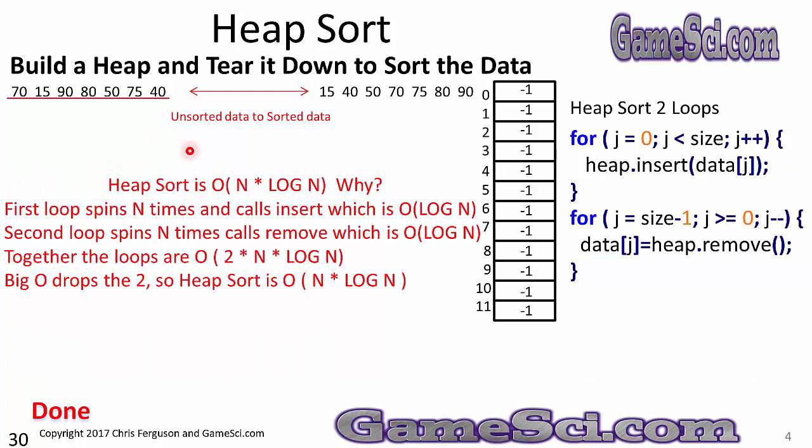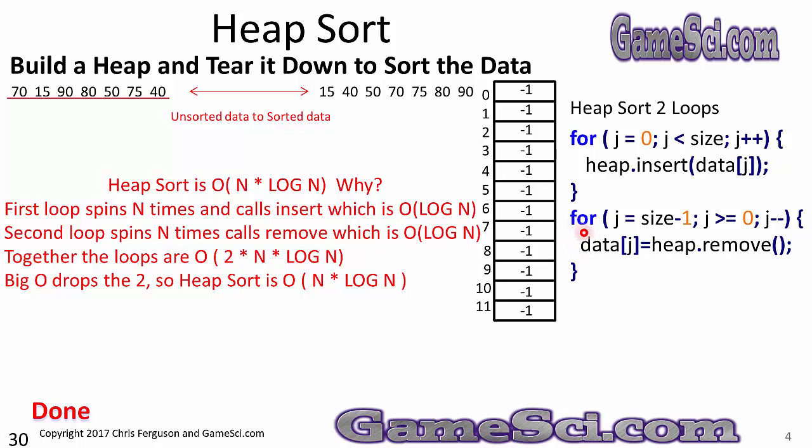Heap sort is an order of n times log n algorithm. Why? The first loop spins n times and calls insert, which is an order of log n algorithm. This loop spins n times. Each call inside that loop calls an order of log n algorithm. The second loop spins n times and calls remove, which is also an order of log n algorithm.